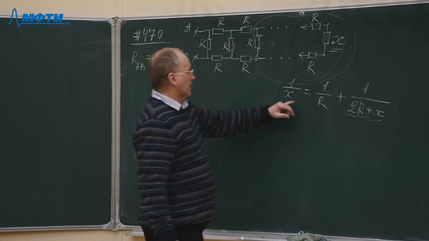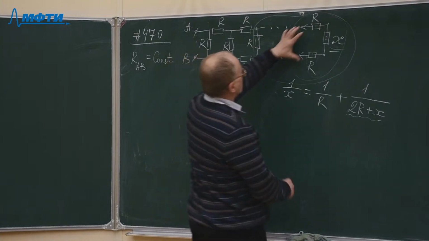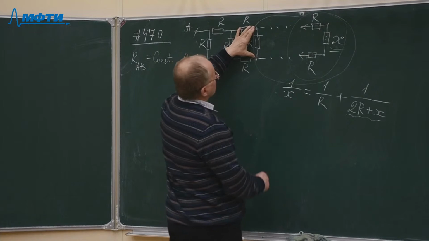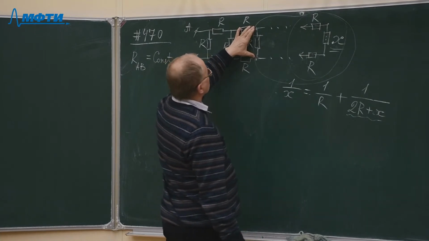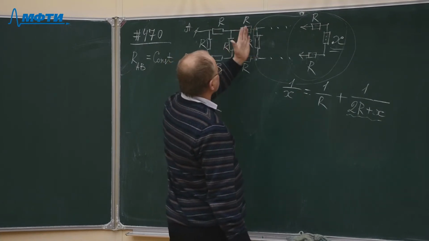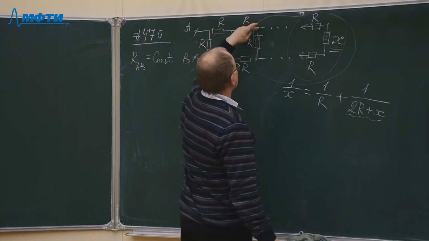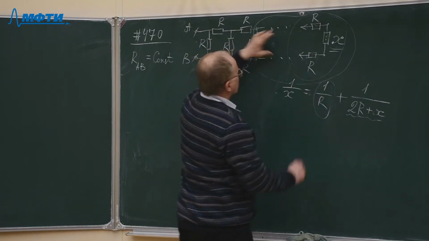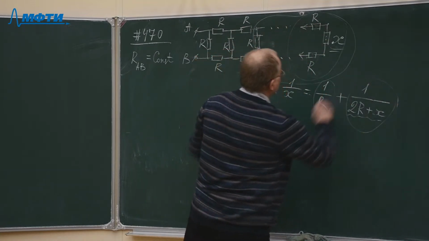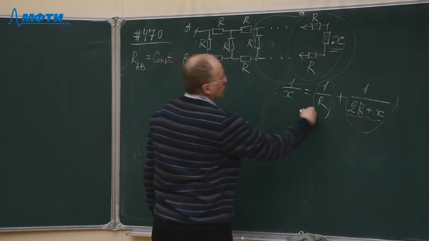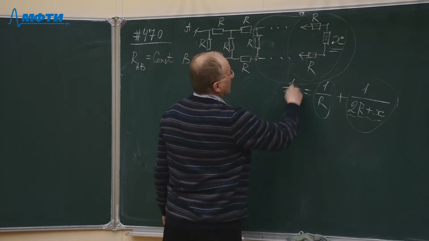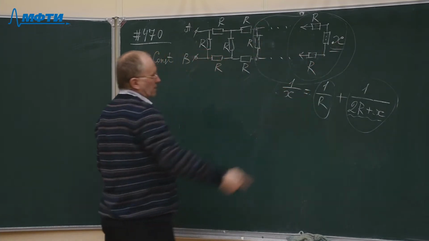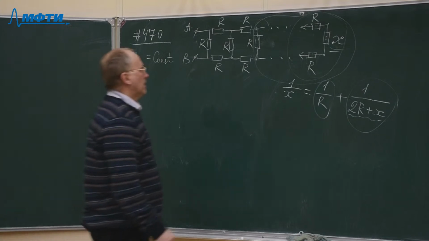And so the total resistance between these 2 points will be calculated as the resistance of the resistors connected in parallel. The first parallel branch is just R, and the second parallel branch is the last branch in this cell, and the total resistance of these 2 parts connected in parallel should be equal to X, because this is the condition of the problem.